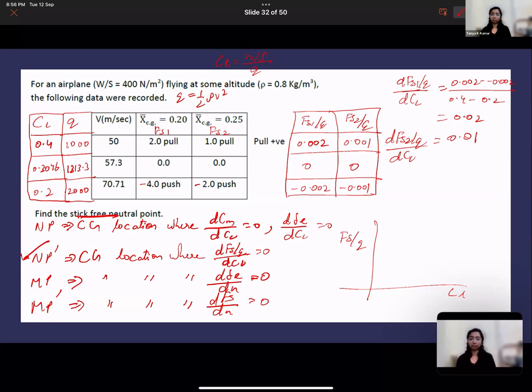Now how do you find out the point at which the slope becomes 0? So now you take another graph where you have dFs by Q by dCl, and you have CG.